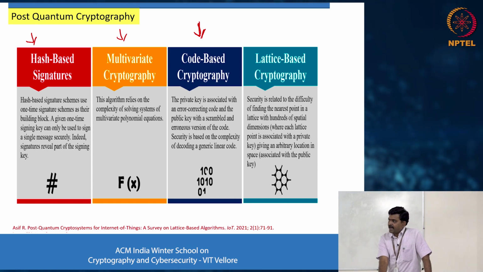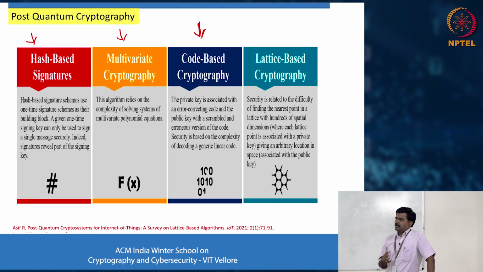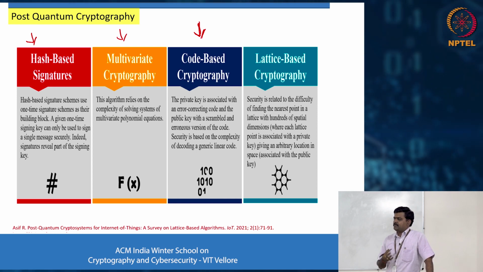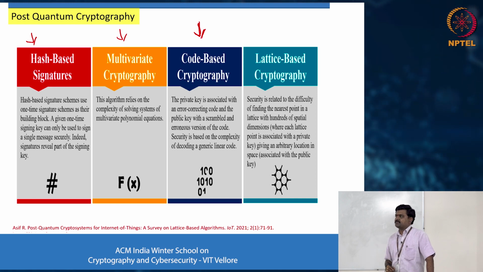Then you have lattice-based cryptography, which is taking the help of lattices. Any objects, if you notice in the real world, form certain geometrical shapes. Inspired by the properties of geometric shapes, we have lattice-based cryptography.